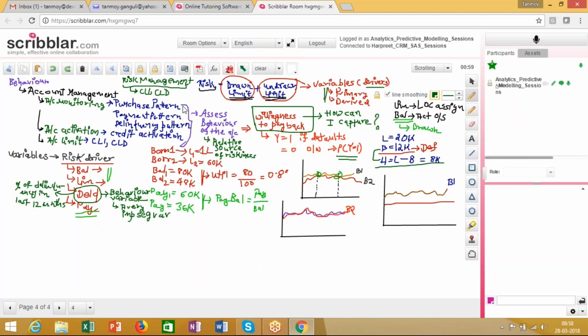So let's see how this happens. For CLI, if I am going to give a credit limit increase, the first question that we answer is who to give and how much to give.